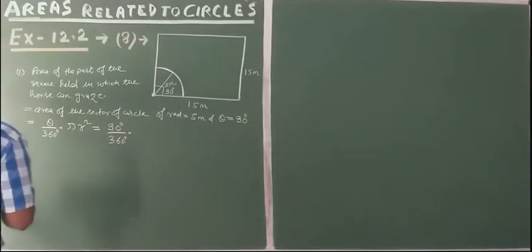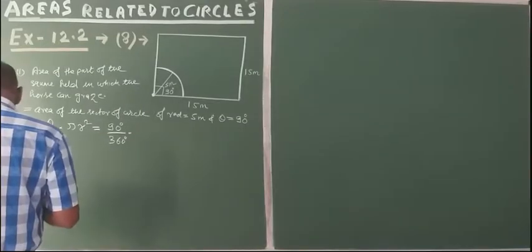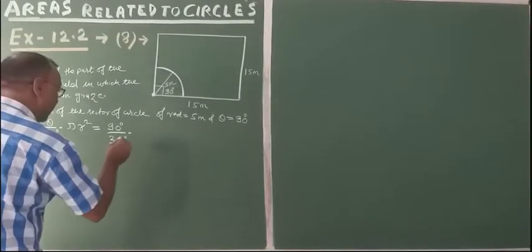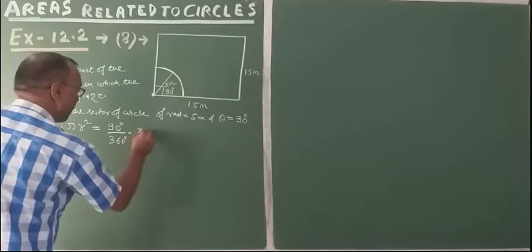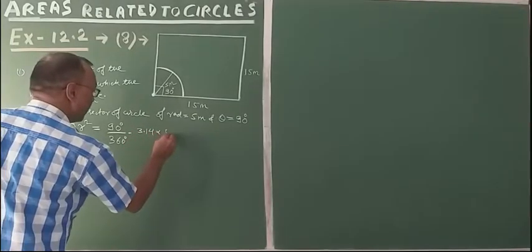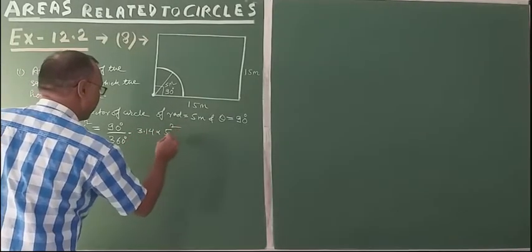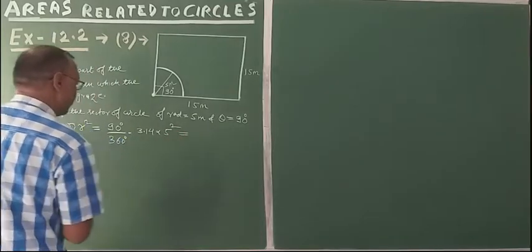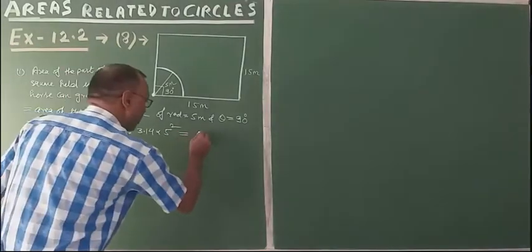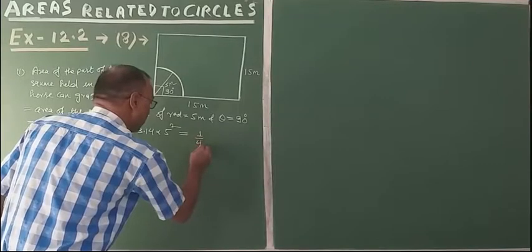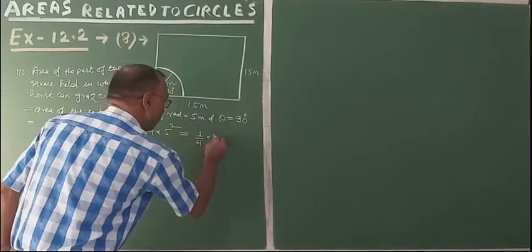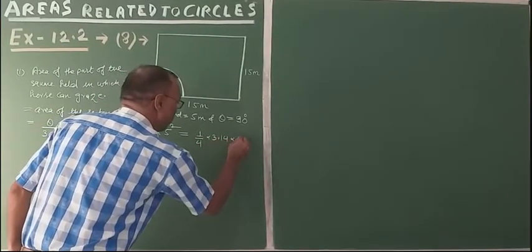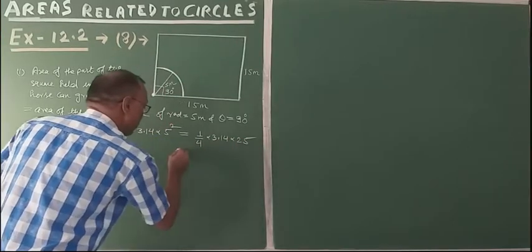Pi you can take how much? In the question it is given 3.14 and r is how much? 5 square. So you can calculate this: 1 upon 4 into 3.14 into 5 5 ja 25.